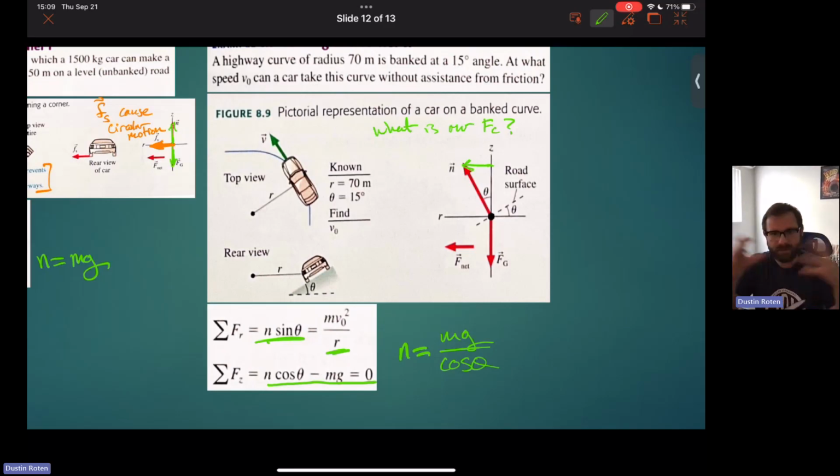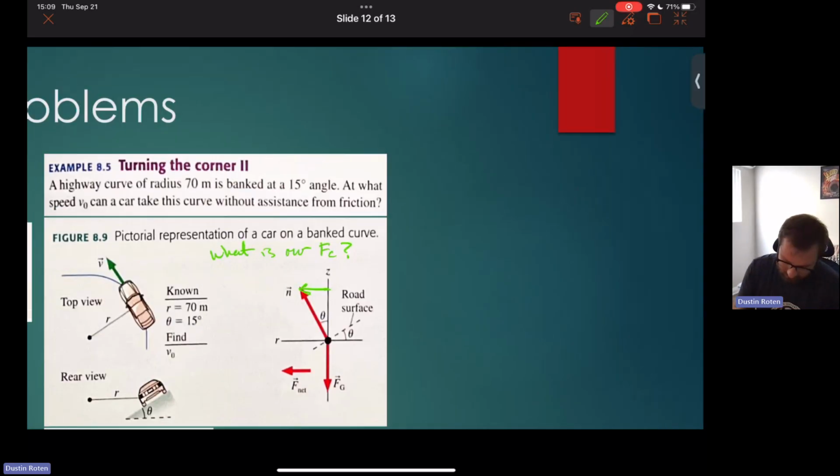If we wanted to do some more math or figure out an actual value, we can take the stuff we know from the z direction and put it into the r direction, just like x and y with the kinematic equations. It's the same concept here.